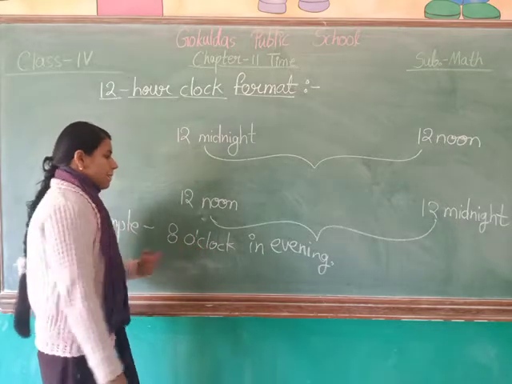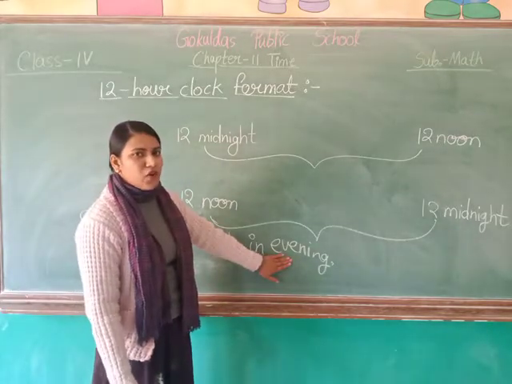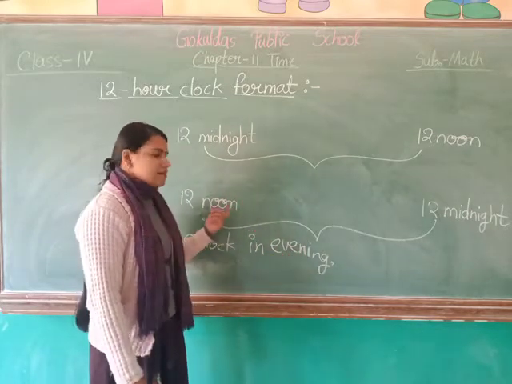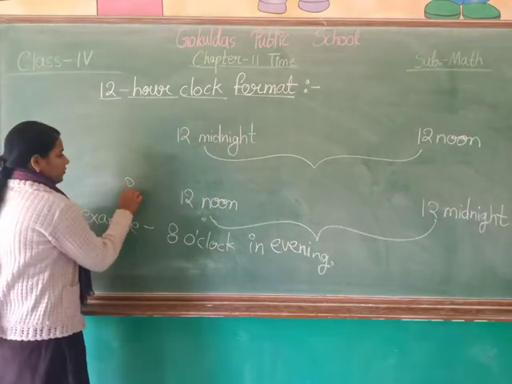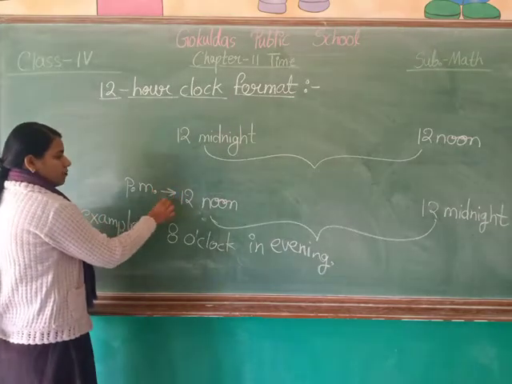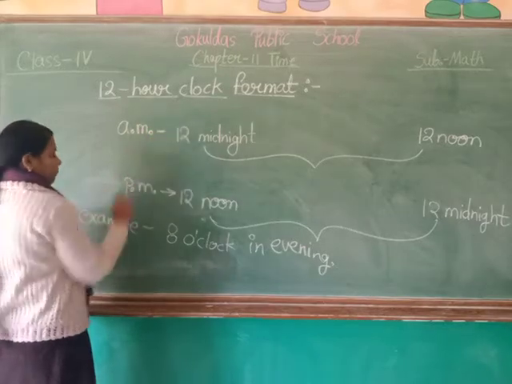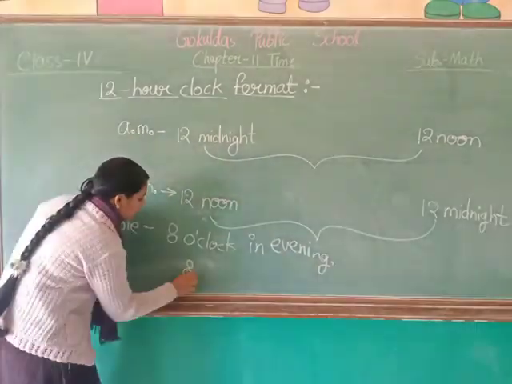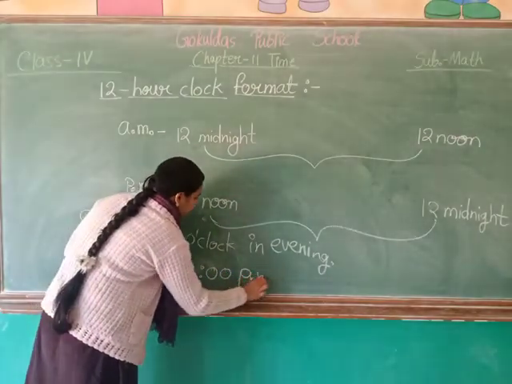Evening means what? It is the time after 12 noon. So what do we use? We represent these timings by PM, and the morning timings by AM. So 8 o'clock in the evening, we can write as 8 PM.